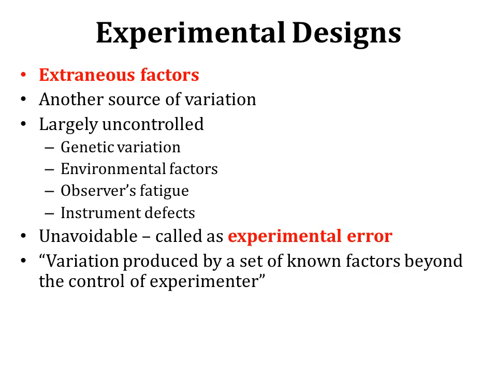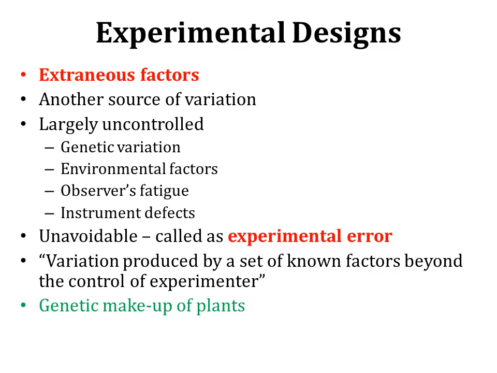We know about the genetic variation, we know about the environmental factors, we know about the observer's fatigue, and we know that our instruments can give an error. Sometimes they can give an error in the observations. So these are examples of those sources of variation that we know about and cannot control. So these are unavoidable, and they result in experimental error, and that is one source of variation.